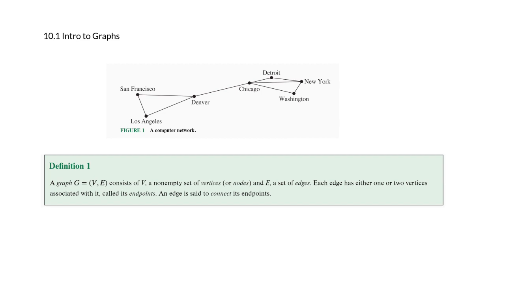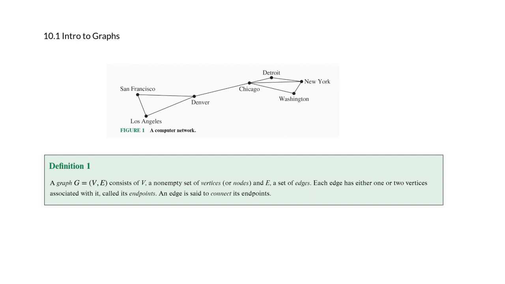Here is the definition of the mathematical object, which is a graph, from your book. You should always be separating a graph, which is a mathematically defined object, and any picture of it.